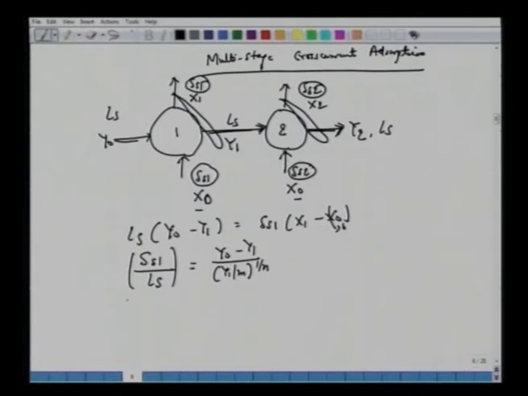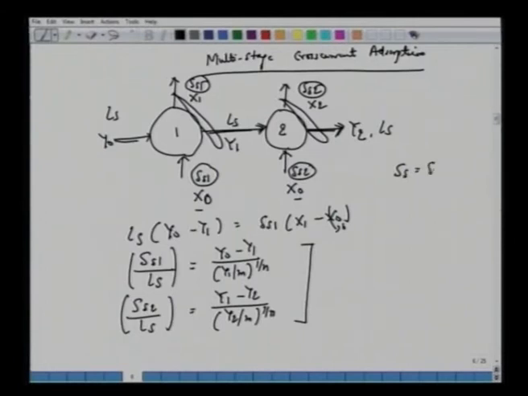Similarly we can write down this balance for the second stage. For the second stage we have Ss2 over Ls equal to Y1 minus Y2 over X2, but X2 we can write as Y2 over m to the power 1 over n. So what we want to do here is optimize the total amount of solid, Ss equal to Ss1 plus Ss2. How much is the total amount of solid?